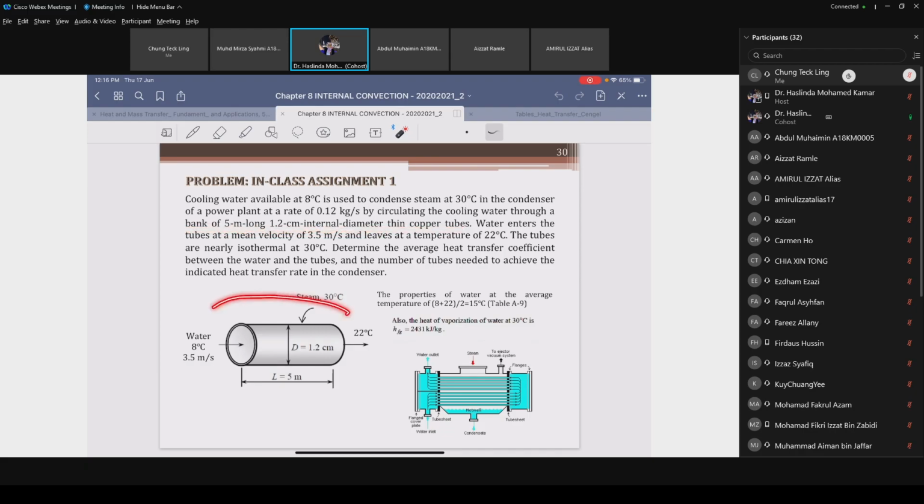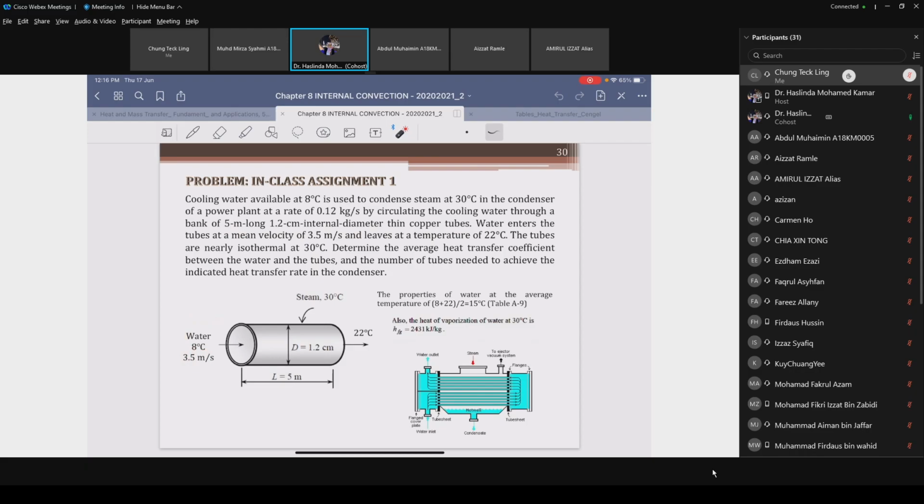So this is the tube. If here, this is the tube. Can you see the tiny line here? This is tubes, a bunch of tubes made of copper. So they say in these tubes, water enters at 8 degrees and the velocity of the water is 3.5 meter per second.